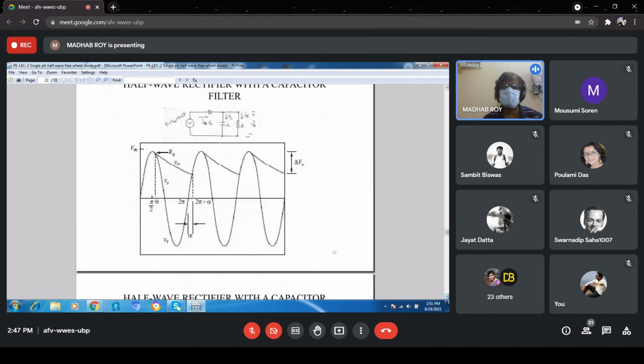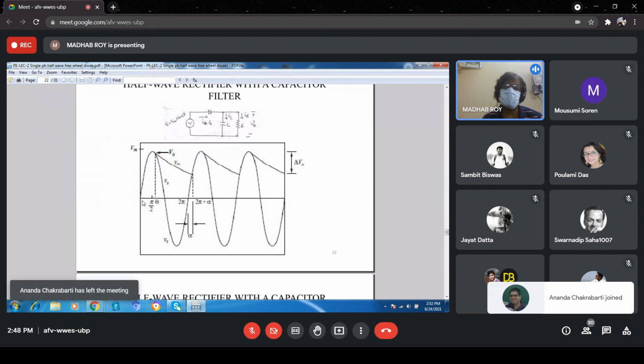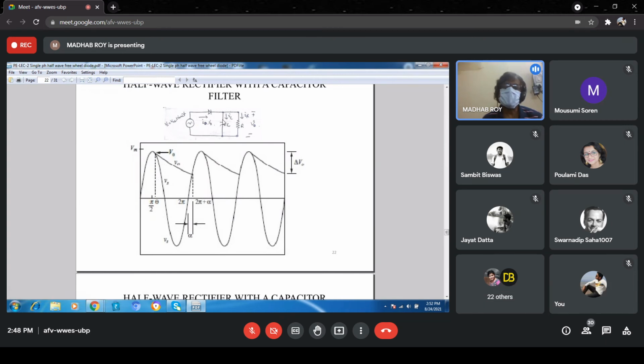Now you can see one picture here. Suppose this diode is forward biased for the positive half, so it is conducting up to this. And due to the capacitor, it will store the charge, and a voltage will appear across this.